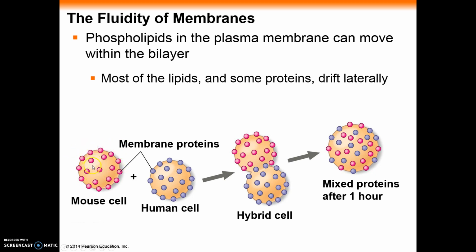So here we have a mouse cell dyed red, we have a human cell dyed blue. If we were to fuse that together, those phospholipids would mix and mingle, and within an hour, it would be fairly evenly distributed. Now, this is true for some proteins in that they, with the lipids, can drift laterally, but this is not true for most proteins.